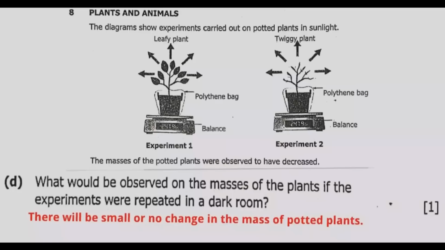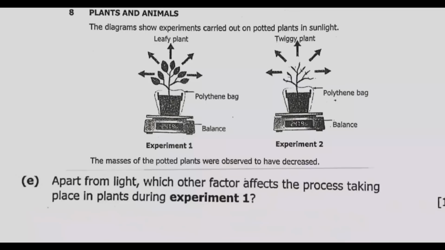Okay, we go to question number e. Apart from light, which other factor affects the process taking place in plants during experiment 1? So we're talking about transpiration.